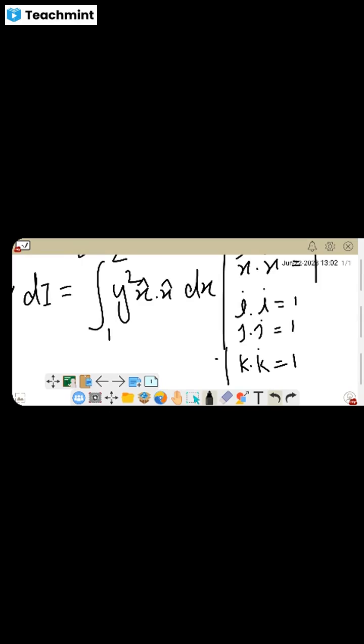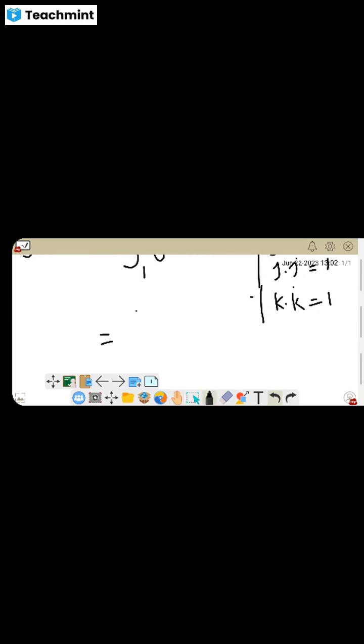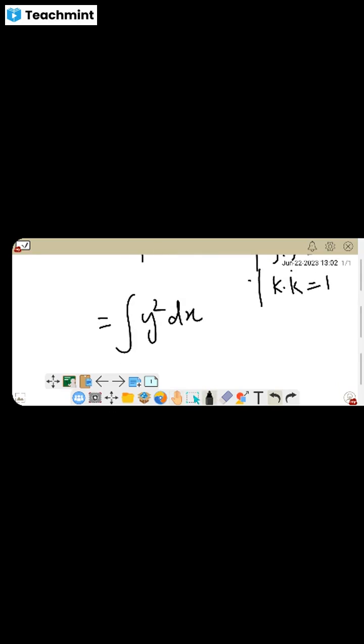So we have here the integration of y square with respect to x.